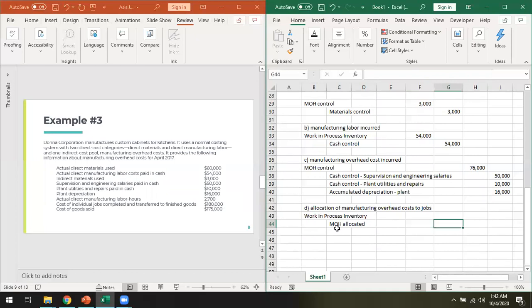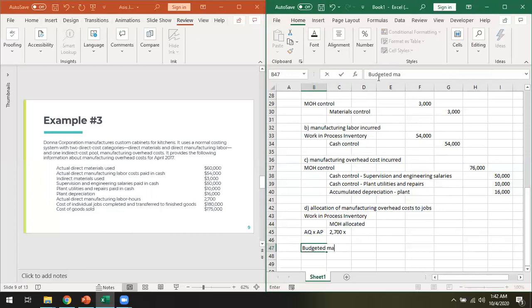We know that the manufacturing overhead allocated is actual quantity times the budgeted rate. The actual quantity, the actual direct manufacturing labor hours, because the cost driver is direct manufacturing labor hours, is 2,700, times the budgeted manufacturing overhead rate. We haven't known the number yet, so we have to find it first.